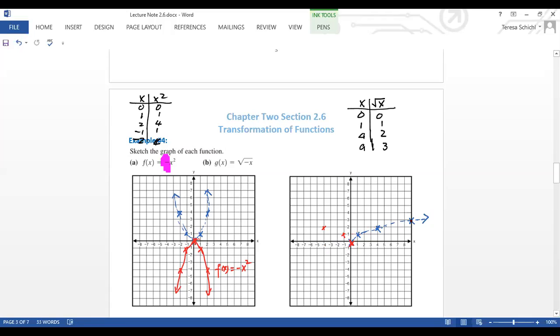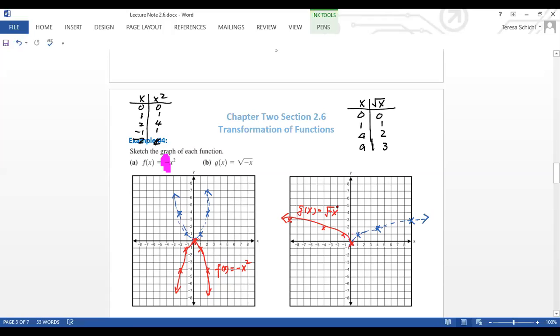How about this one? How many units? 9 units, so I flip over to here. Now I can connect it. This is g of x equals the square root of negative x.